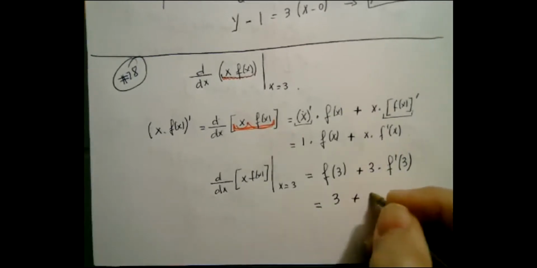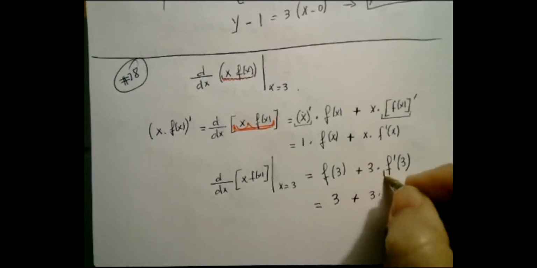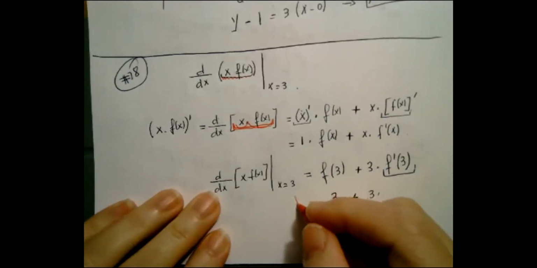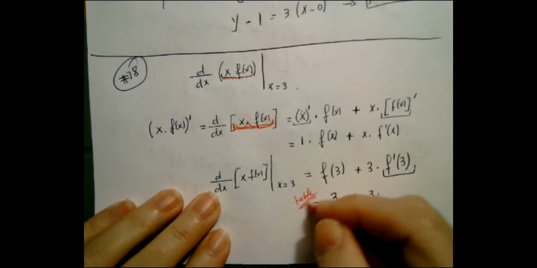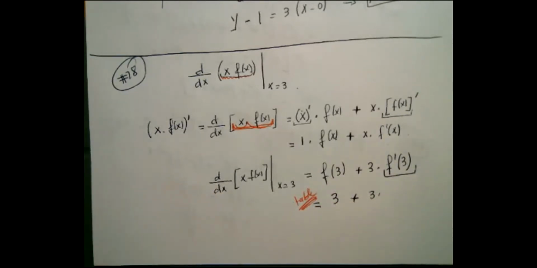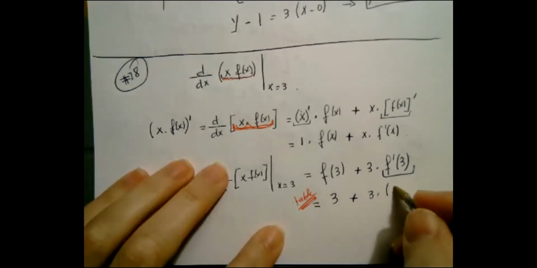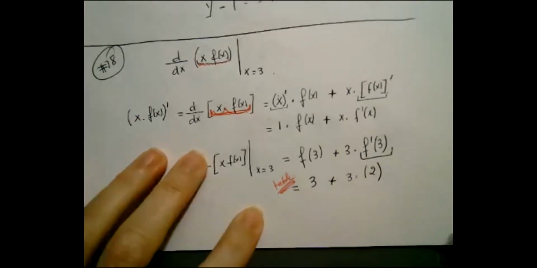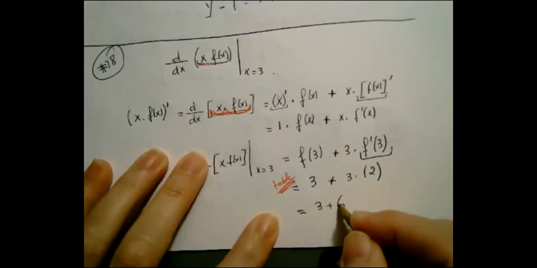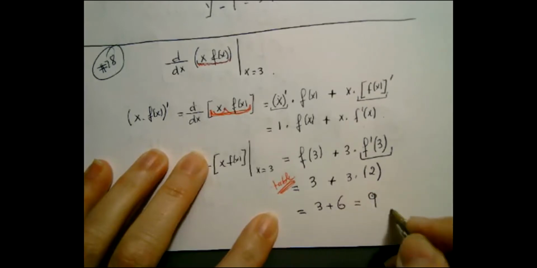So 3 plus 3 times f prime at 3, which according to the book is equal to 2. And this will give me 3 plus 6, which is 9.